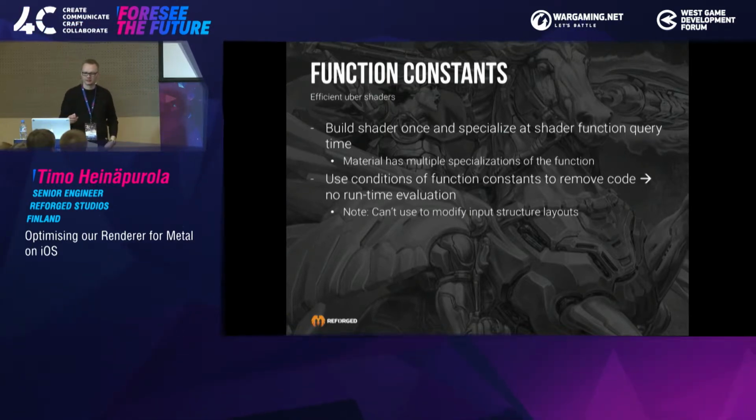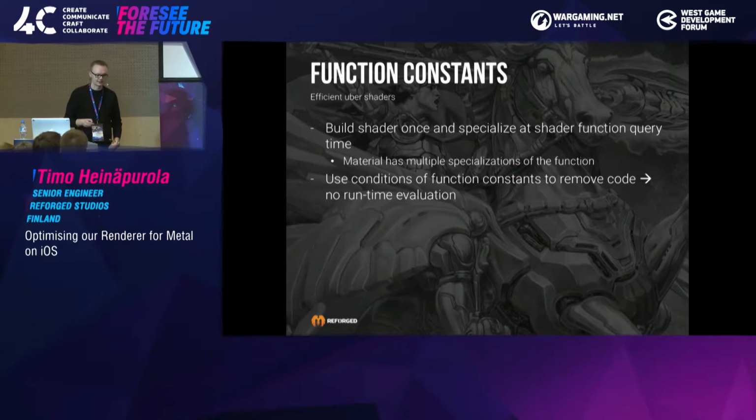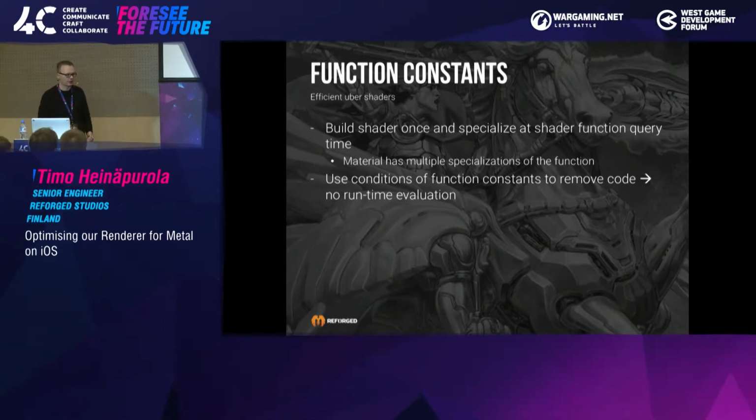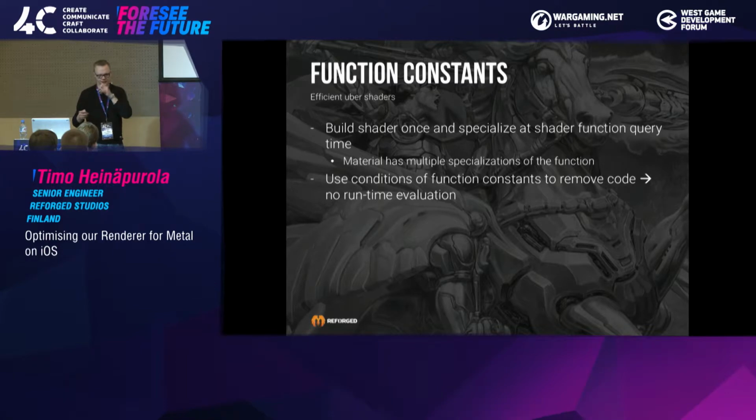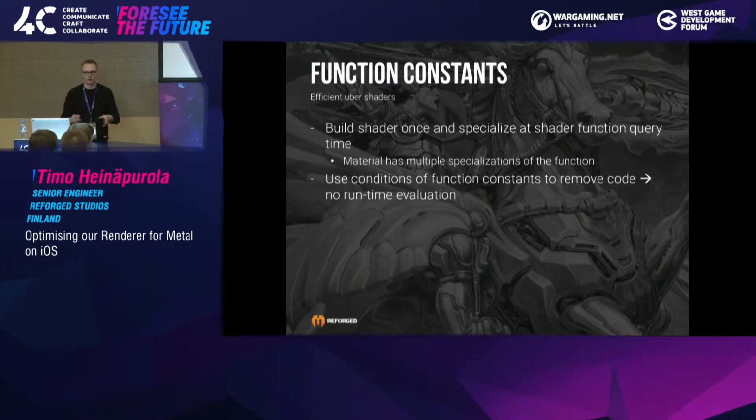You can use these constants in the same way as you would use any runtime evaluated variable or a constant. It means that if a block is not executed, it is actually removed from the code. It has no runtime performance implications whatsoever.